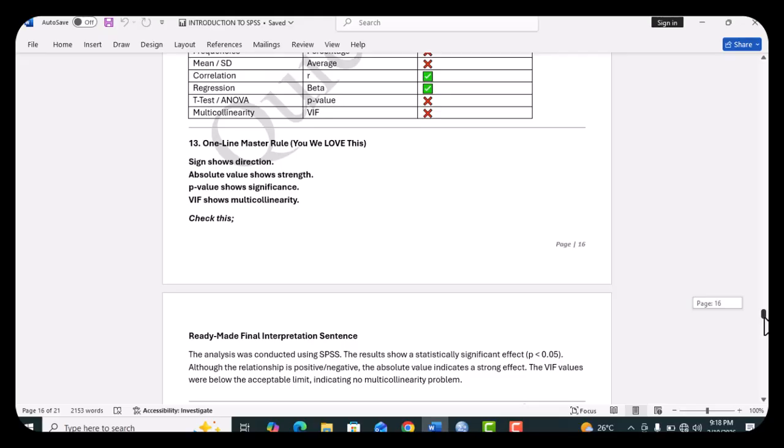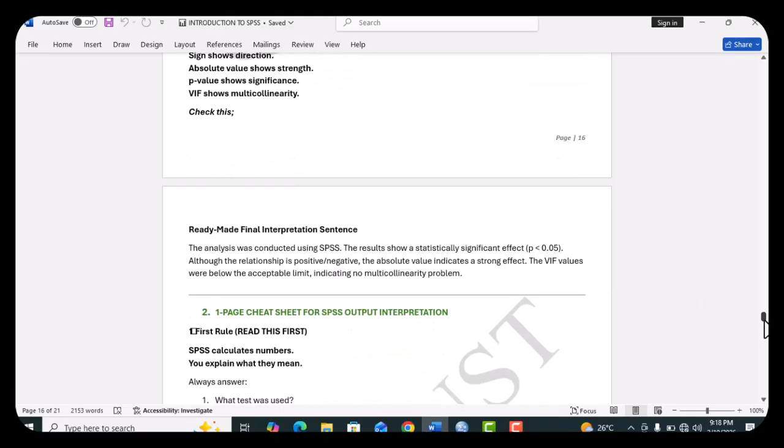The analysis conducted using SPSS shows a statistically significant effect, with a p-value less than 0.05. The relationship is positive or negative depending on the variables you are correlating, and the absolute value indicates a strong effect. The variance inflation values were below the accepted limit, indicating no multicollinearity. When multicollinearity is present, you also say so.